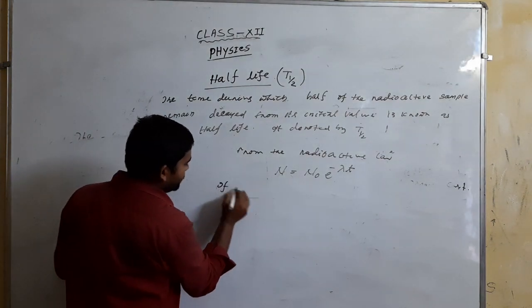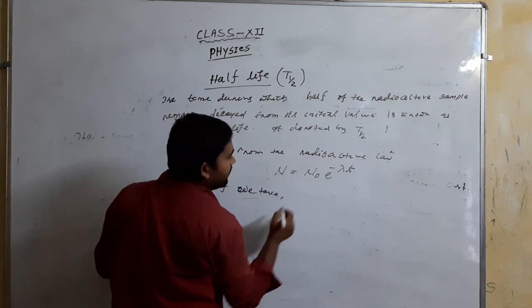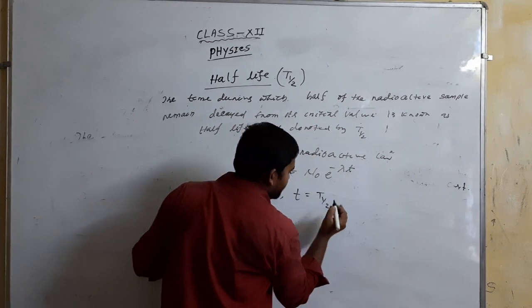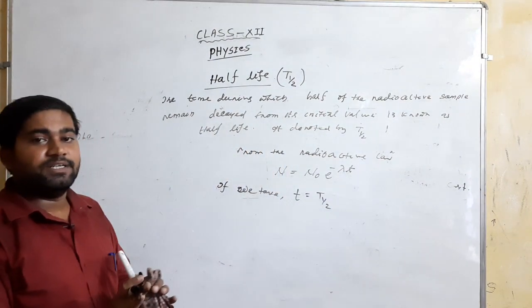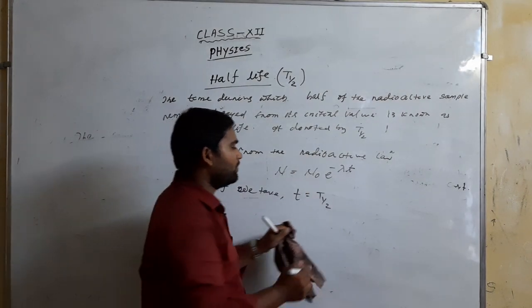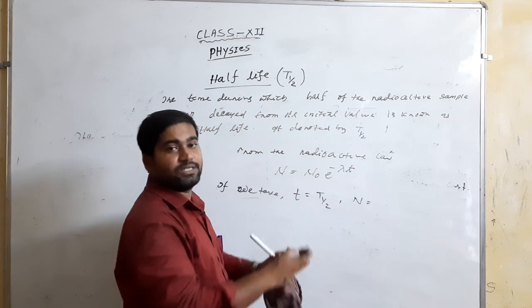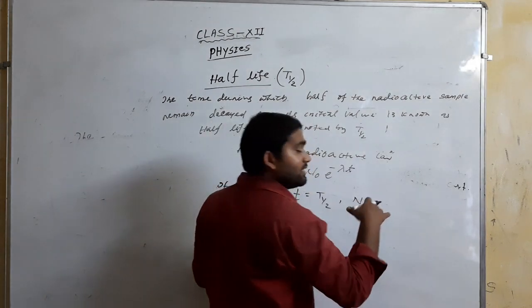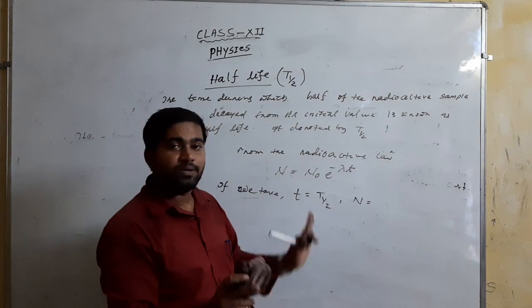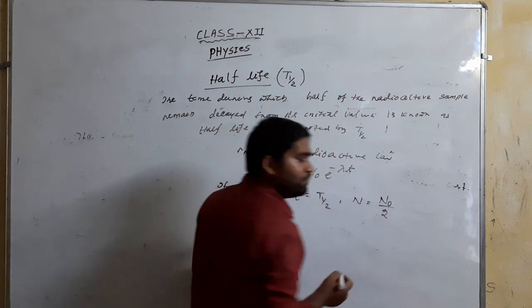So if we take the time t equal to T half, the number of samples N will be reduced to half, or 50%. Initially the sample is N naught, and at t equal to T half, the number remaining will be half, so N equals N naught by 2.